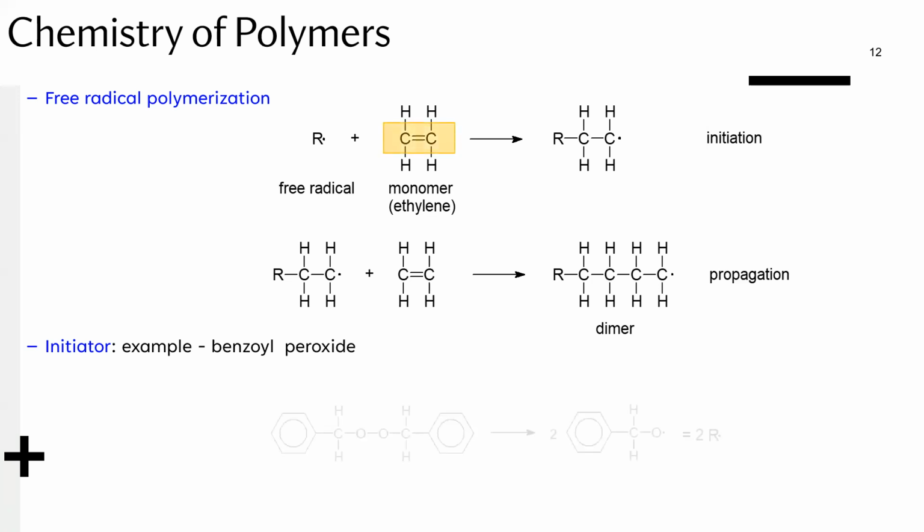An example of this radical initiator is benzoyl peroxide. You have a molecule, you break it somehow into two radicals, and this is the initial step in the process, the molecule that starts this cascade. So how can you break that bond? There are multiple ways of doing that as well.